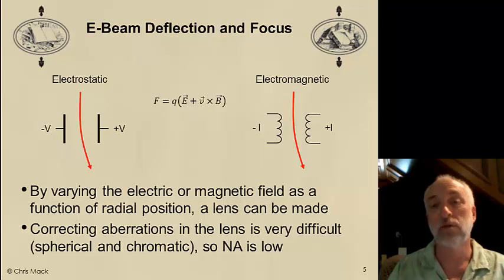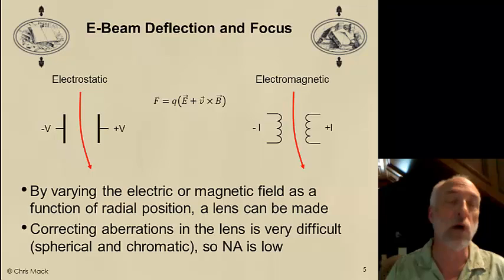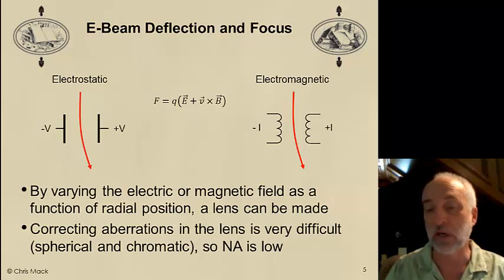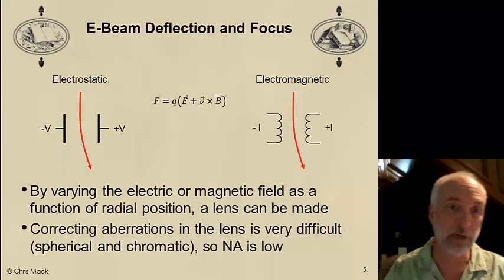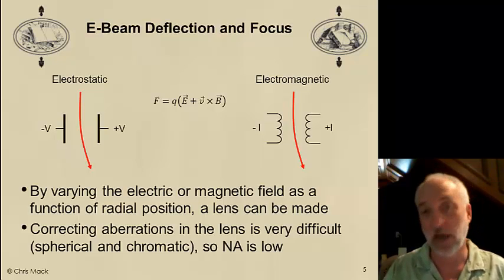As a result, we tend to be aberration limited in our lenses in terms of their quality, and we are limited to fairly low numerical apertures. But that's okay because the de Broglie wavelength of an electron is also very, very low. So even though the numerical aperture is low, we still get a very high resolution.